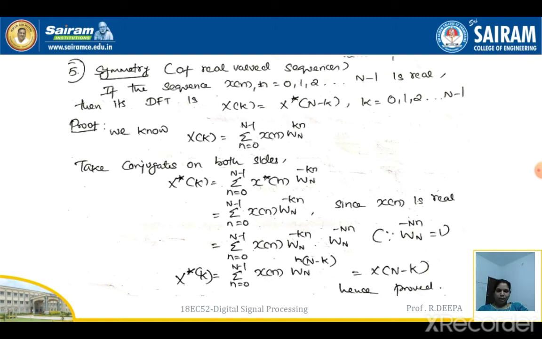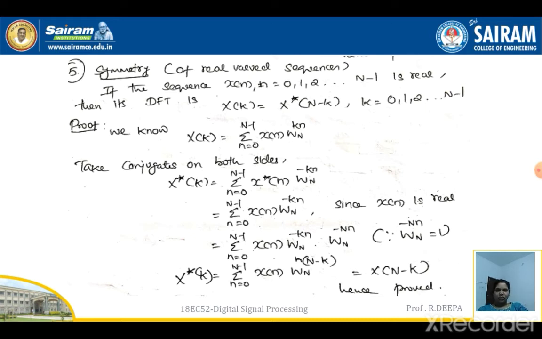So if I add, I can combine W_N power of minus kn with W_N power of minus N into n. So the final expression becomes summation n is equal to 0 to N minus 1 x of n W_N power of n into N minus k.